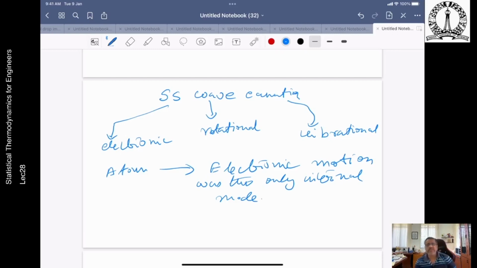So typically, energy level diagrams are constructed by setting the energy of the ground electronic state to 0.